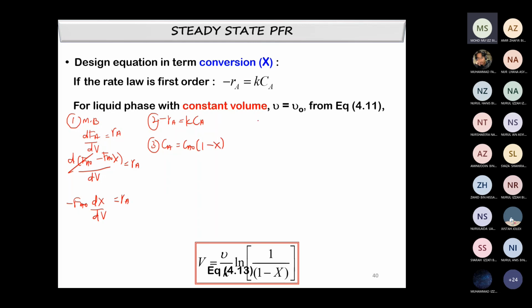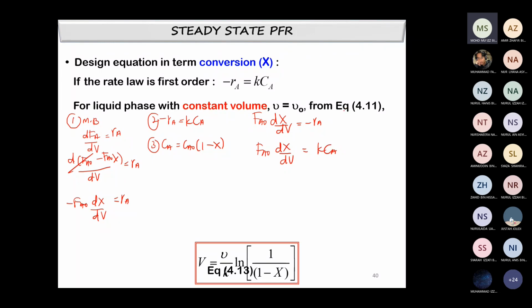So combine semua ni, masukkan balik dekat mole balance, FA naught dX over dV is equal to negative RA. Okay, so what is RA? Masukkan balik, FA naught dX over dV is equal to KCA. Daripada sini kita nak simplifykan version dia.